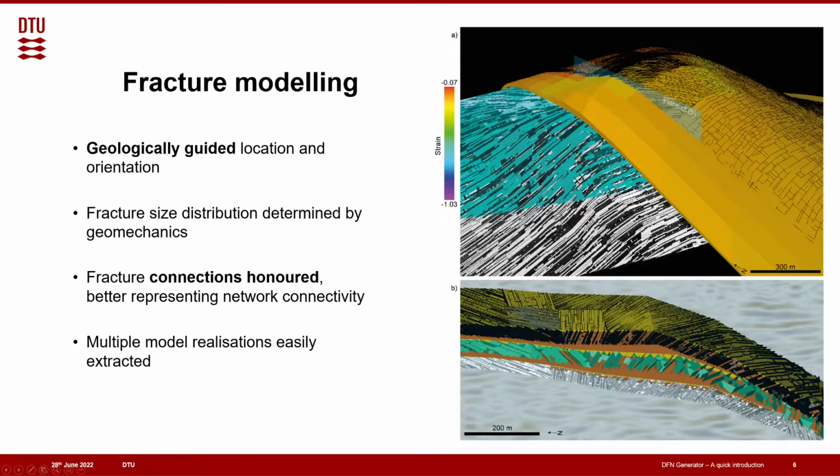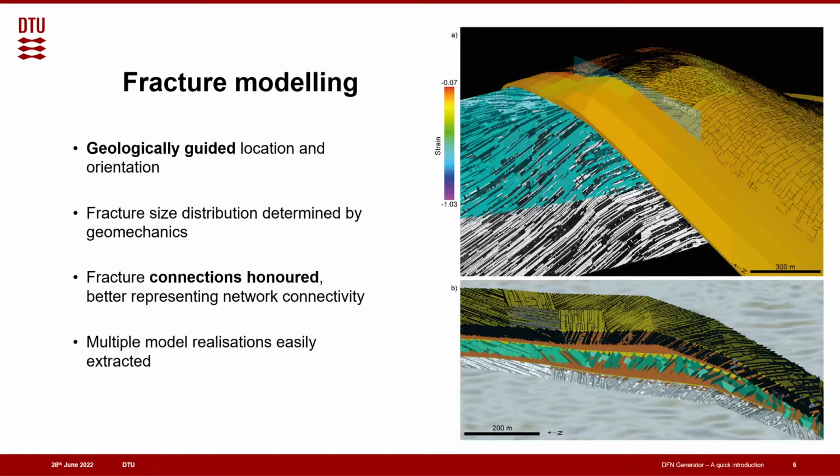This is an extra layer of interpretation and an extra way in which we can validate the models afterwards. If we're thinking of fluid flow or even strength applications, this connectivity of the fracture network could also be critical in terms of what the impact really is for fluid flow or contaminant spreading throughout an area.